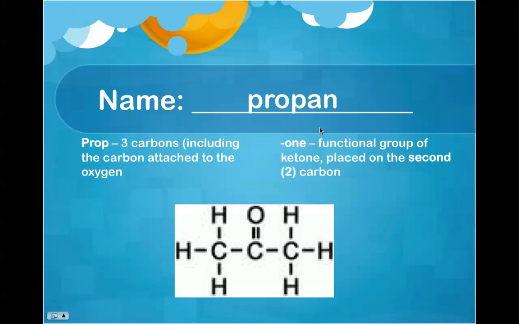So I'm going to use the ending ONE, and then for ketones, you have to tell what carbon it is located on. So I'm going to number it from either left to right or right to left, whichever is going to put the lowest number. Because we only have 3, either direction gives you a 2 on the carbon that has that double bonded oxygen. So that 2 goes out in front.